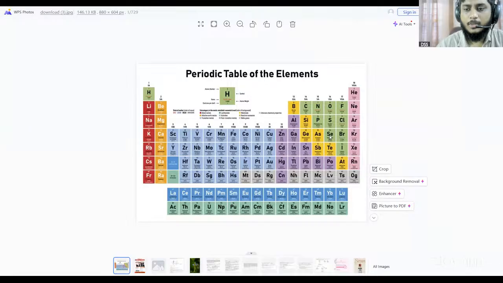Normally selenium's valence is 2, and it acts like oxygen and sulfur. When you write compounds you write H2O, H2S, with valency 2. Same thing you have to apply here.